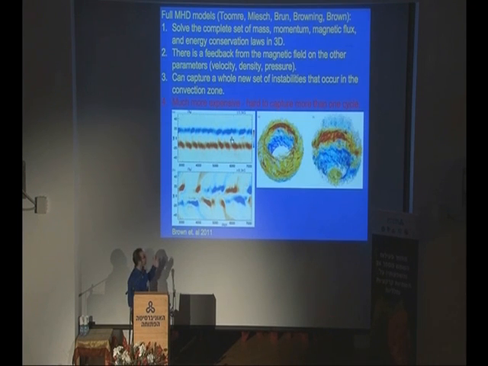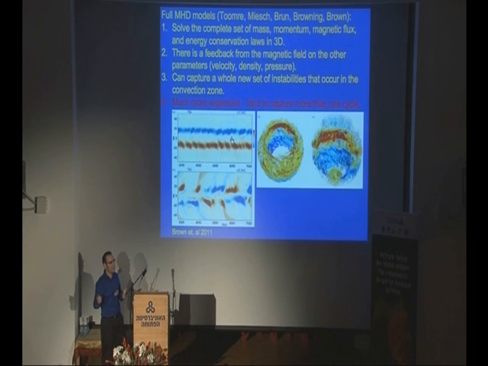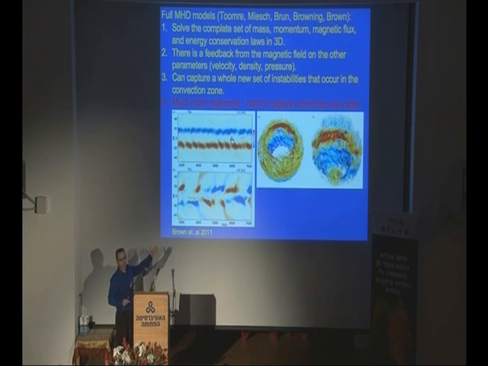This is nice, but the problem is that they're so expensive that they cannot run it for more than one cycle yet. Of course, we hope that we'll have better computers soon and we can do better simulations. They can also have a relatively low resolution because they're so expensive computationally.